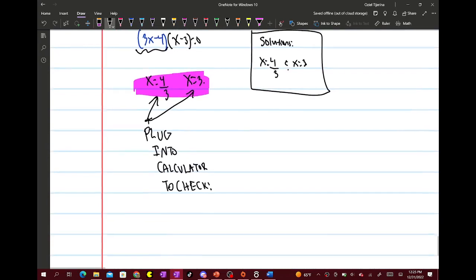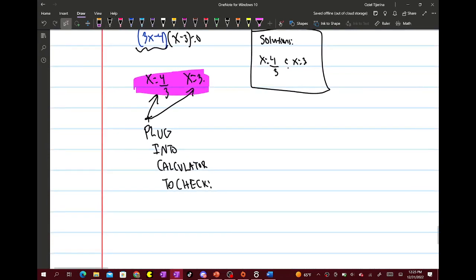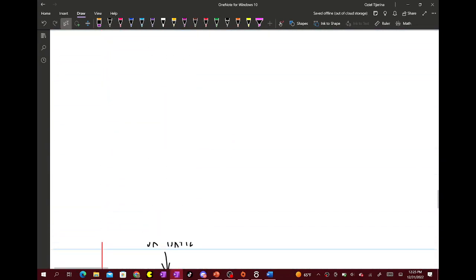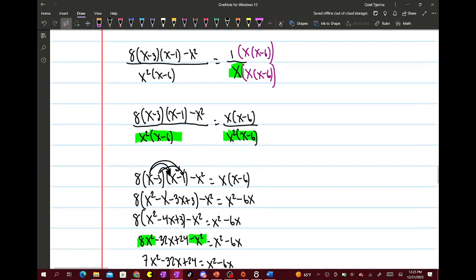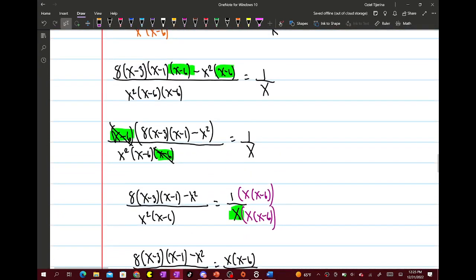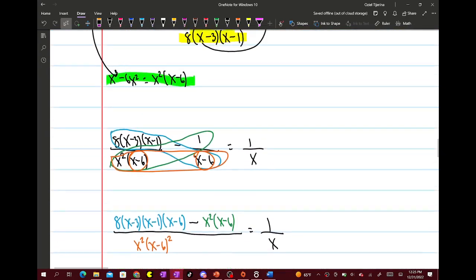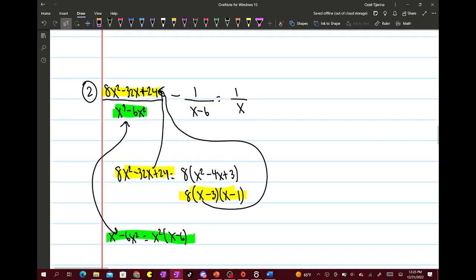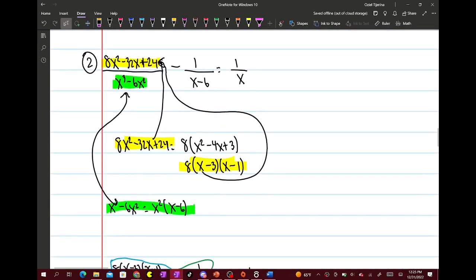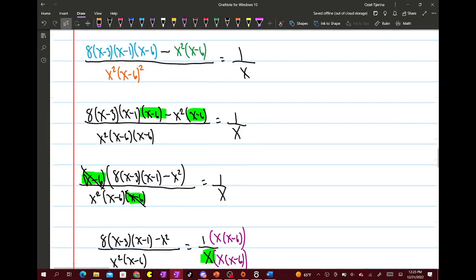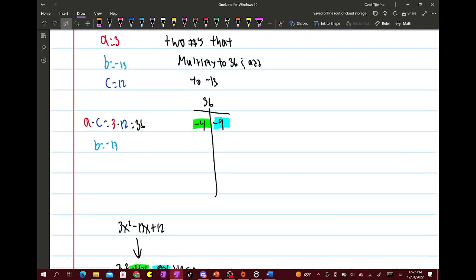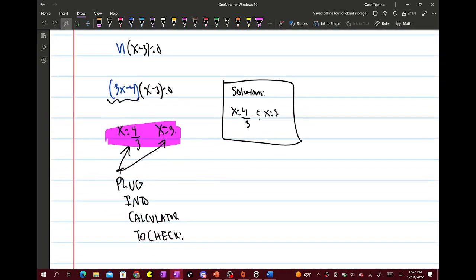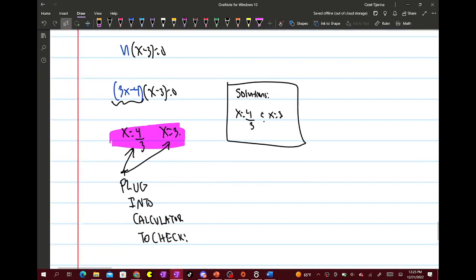I did put over here to just plug it into your calculator to check it, unless they literally force you to do it by hand, which is very annoying. If they don't try to trick you and just give you both answers, then just pick the answer.